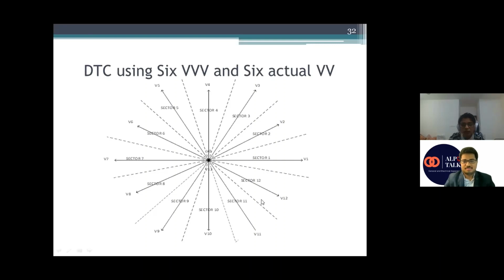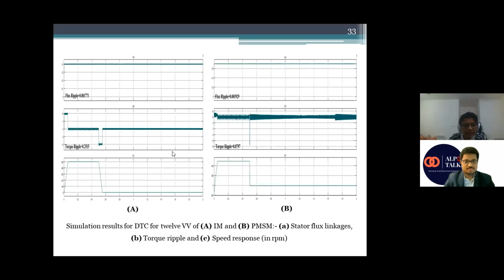This is how I got our 12 vectors, and our sectors also change if I increase the number of vectors. This is the schematic of the 12 voltage vectors, and this is the result. In this result, you can see the torque ripple has been reduced. The image seems the same, but if you observe closely, the values are less.